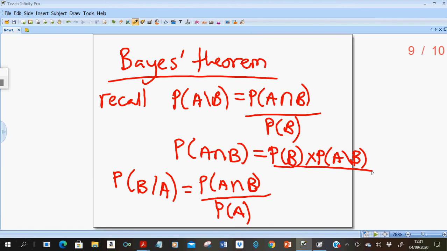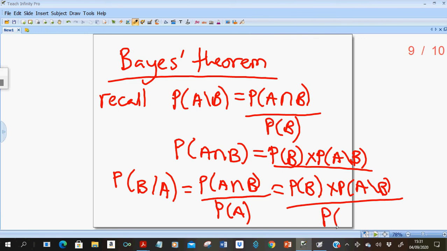So you can say that A intersection B is just the same as the probability of B multiplied by the probability of A given B, over the probability of A. So we have used the conditional probability that we know to find the conditional probability that we do not know.